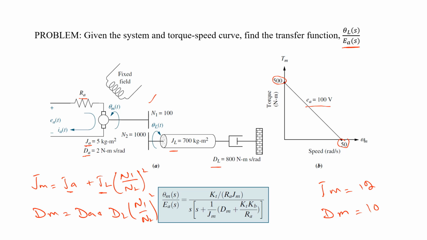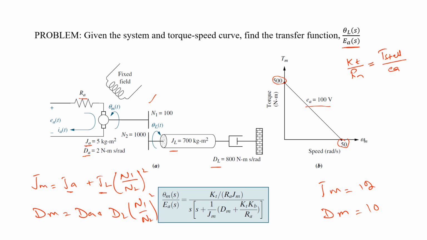Now to find the electrical constants, we will take help from the torque speed curve. If you remember from the previous discussion, Kt divided by Ra was equal to T stall divided by Ea.